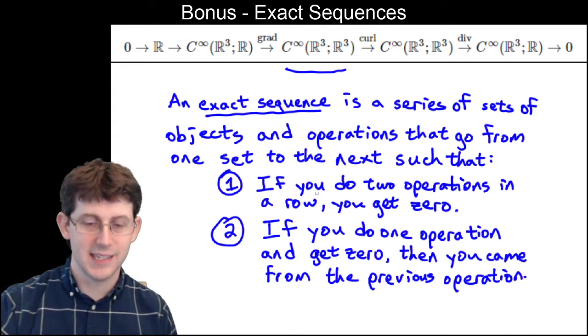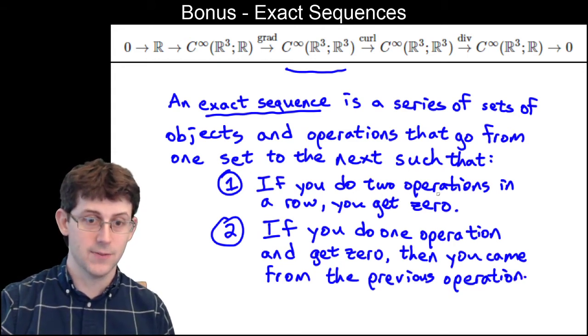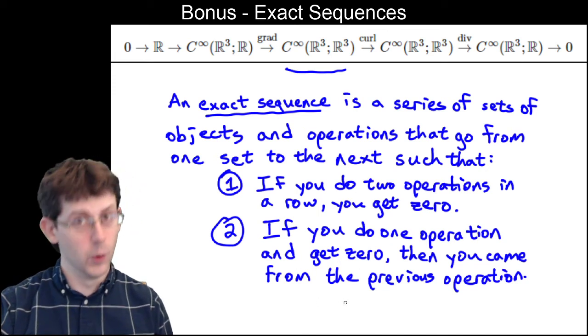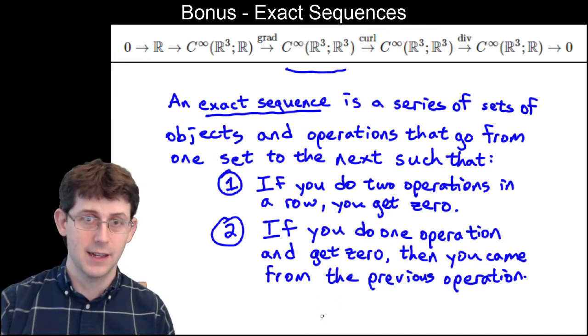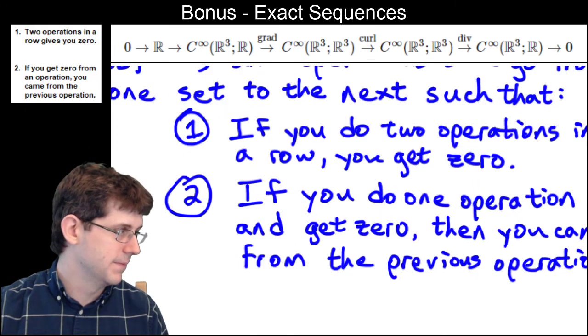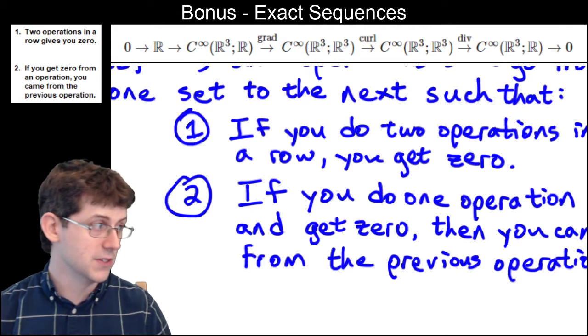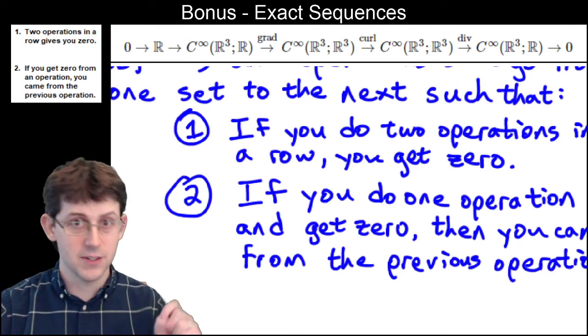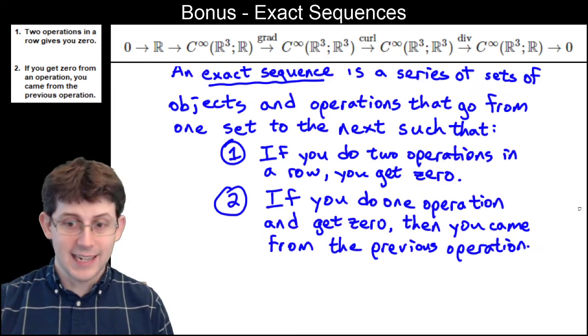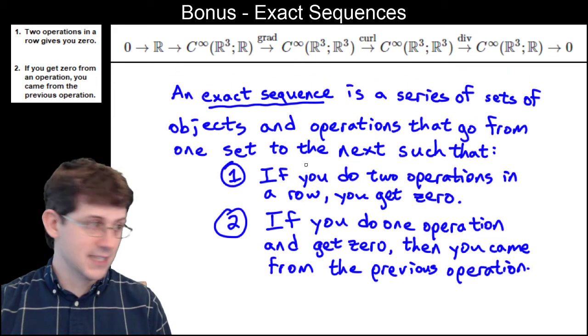This essentially says that if you do 2 operations in a row, you get 0, and also 2 operations in a row is the only way to get 0. I'll summarize these in a little box that goes above my head here, hopefully, if I did it right. Yep, 2 operations in a row gives you 0, and if you get 0 from an operation, you came from the previous one. This is the definition of an exact sequence.